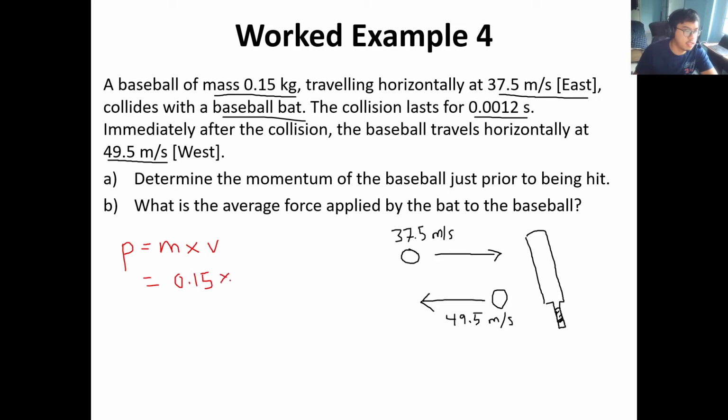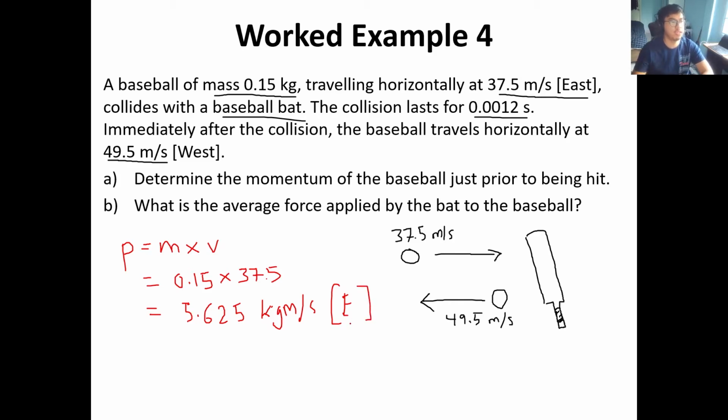The velocity just before it's being hit is 37.5, and you will get a momentum of 5.625 kilograms meter per second to the east. That is just before it's being hit.